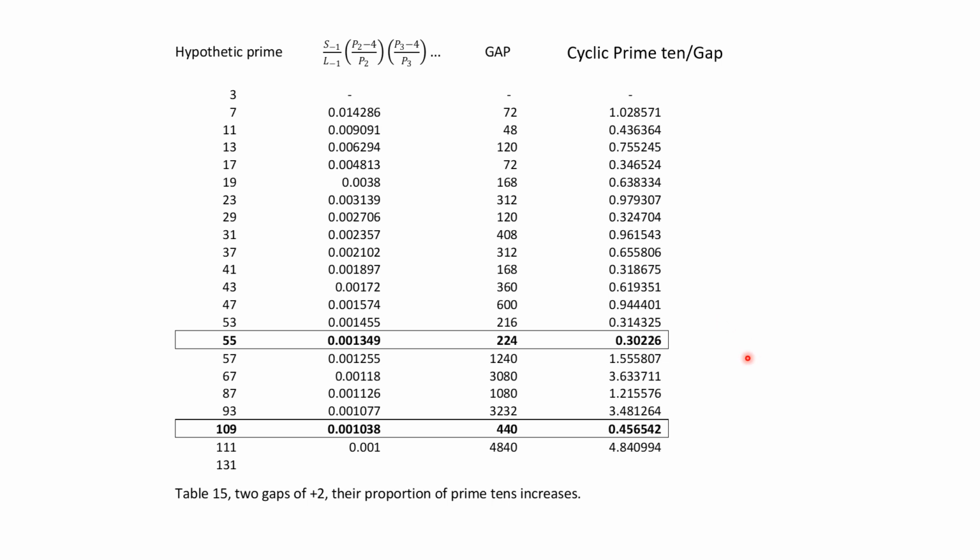So we are pointing to a convergence, to a moment where practically all gaps, from gap to gap, the proportion of empty boxes per gap is going to be increasing, even in the gaps of +2. So we are looking for that type of convergence.